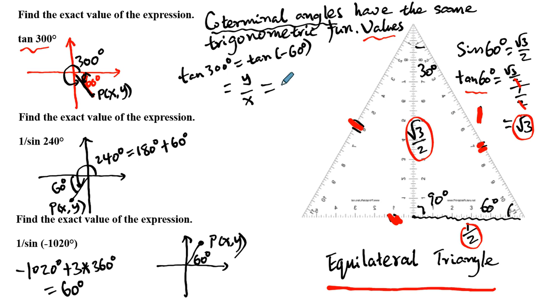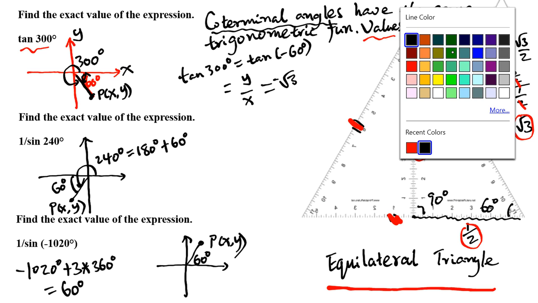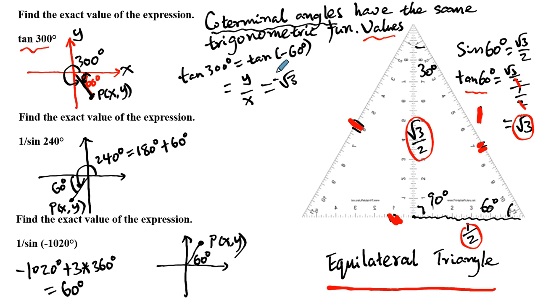We know tangent 60 degrees is radical 3. But here, because y is below the x-axis and x is positive for this point, you should have negative. That will be our final answer.